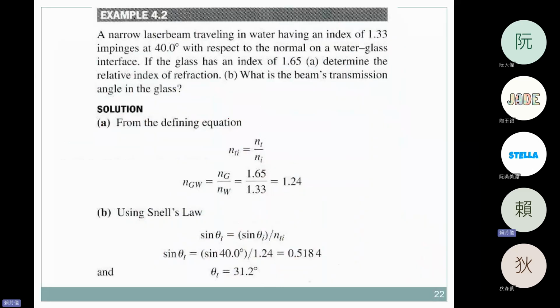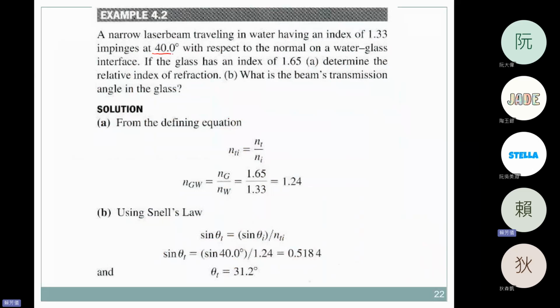Okay, this is a very easy example to calculate the refraction angle, or we say the transmission angle, in the glass. A few points I will mention: we need to know the incident angle.